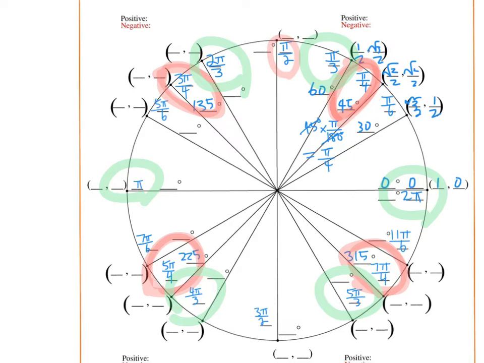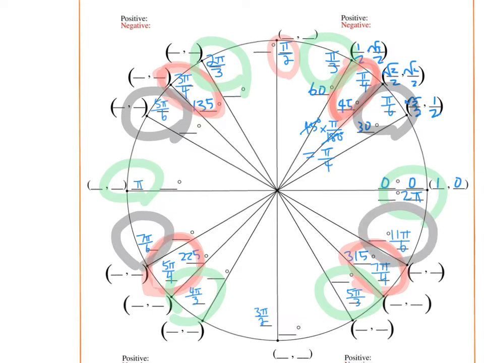And then the leftover ones are the 6s, and the way I remember it is that they're always just a little bit higher than the 0, or a little bit close to the 180. So a little bit higher than the 0 means it's just pi over 6. A little bit less than pi is 5 pi over 6. This is a little bit more than pi, so 7 pi over 6. And the last one is a little bit less than 2 pi, so 11 pi over 6.